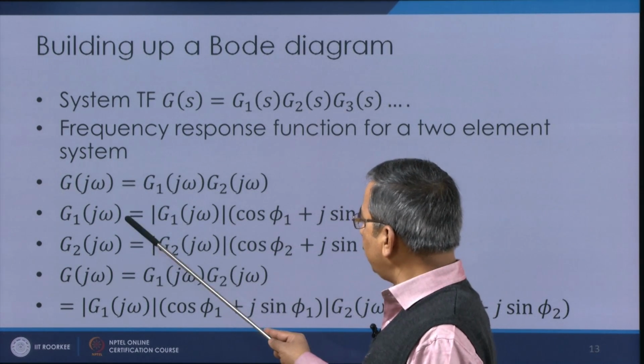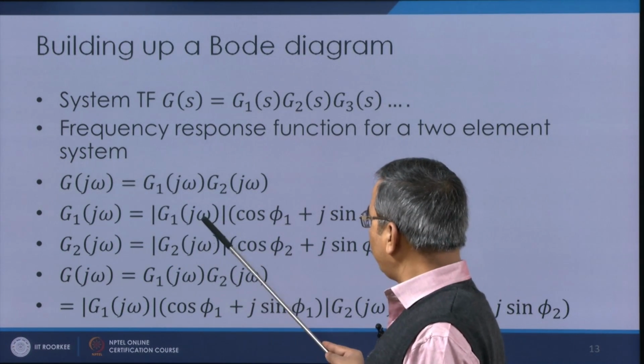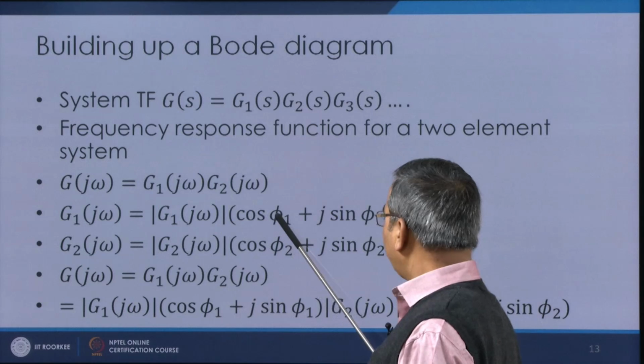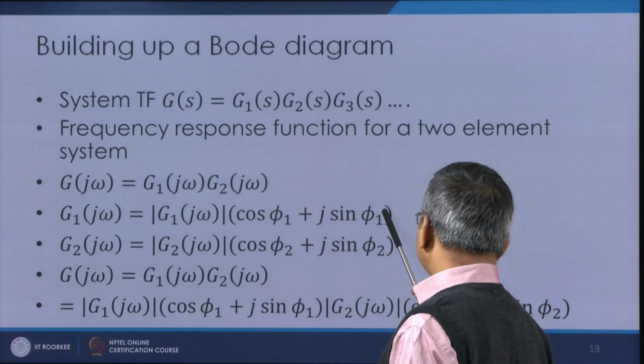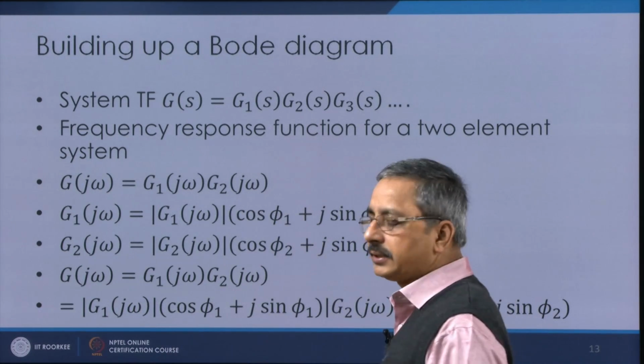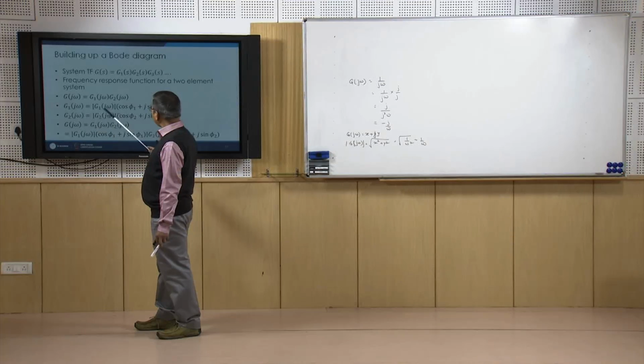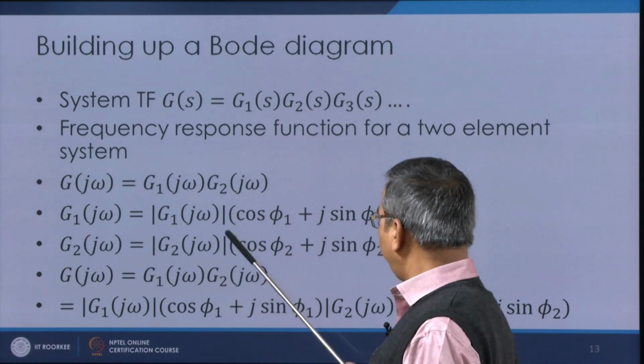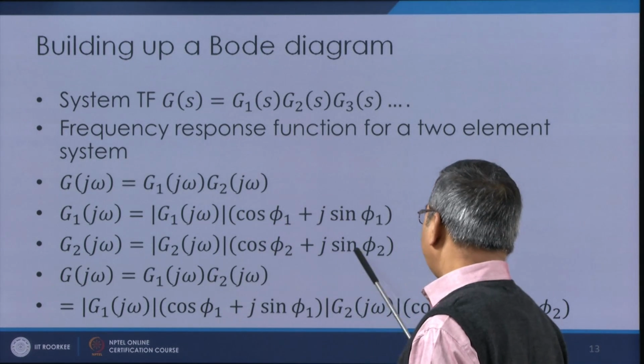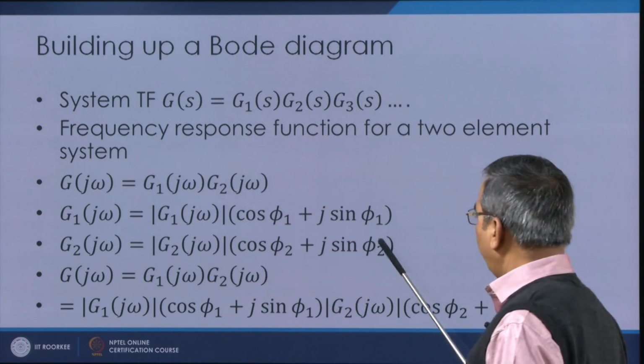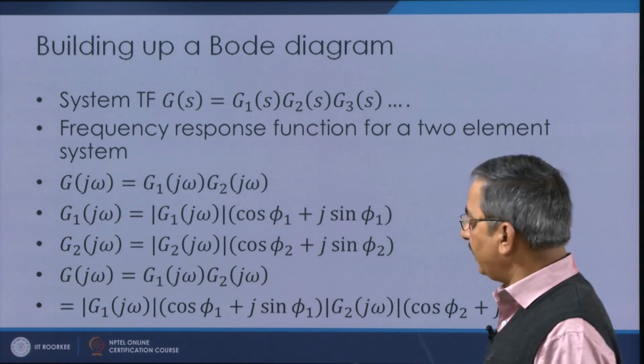Now, this G1(j omega) I can write as the magnitude of G1(j omega) into cos phi 1 plus j sin phi 1, where phi 1 is the phase angle. Similarly, I can write G2(j omega) as the magnitude of G2(j omega) into cos phi 2 plus j sin phi 2, where phi 2 is the phase angle.